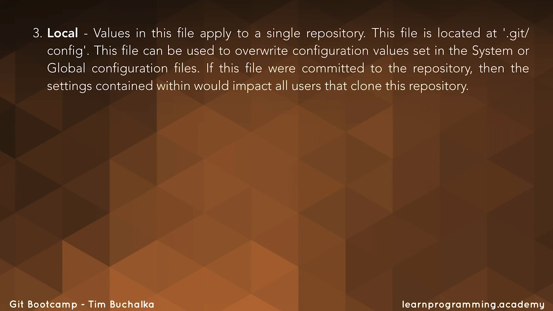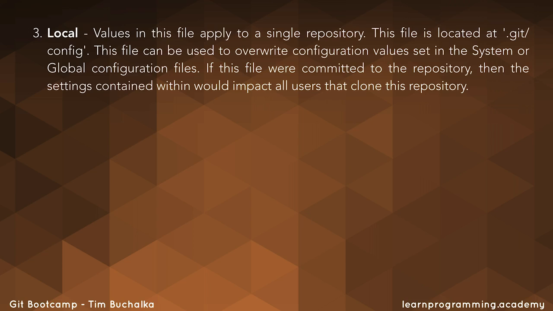And the third configuration file is the local configuration file. And values in this file apply just to a single repository for a single user. Now this file is located in a subfolder for a particular repository, the .git folder in a file called config. Now this file can be used to override configuration values set at the system or global configuration level.